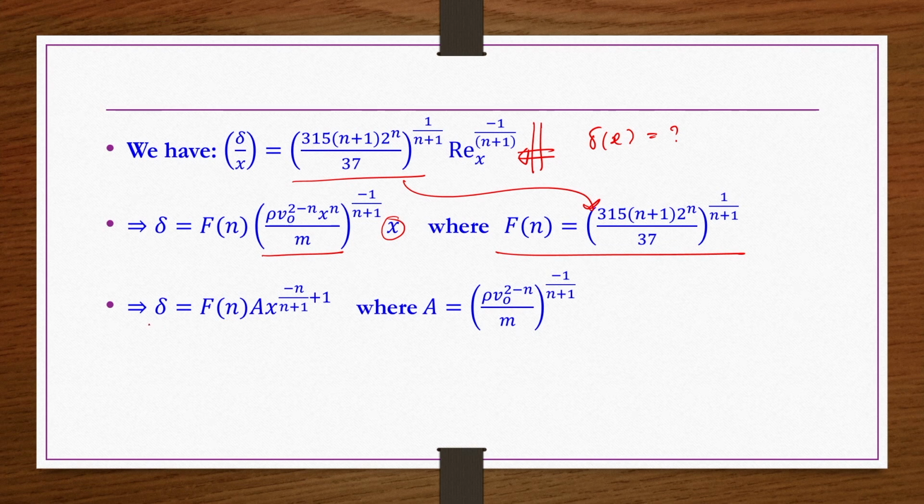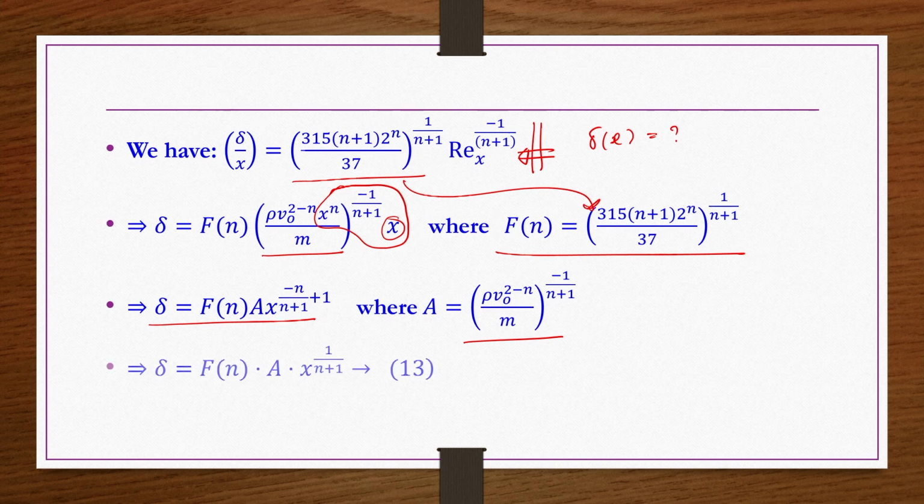So, now delta, in a simple way, I am writing as A Fn, where A collects the terms other than the x power. A is nothing but rho v naught power 2 minus n by m whole power minus 1 by n plus 1. The remaining term is x power 1 by n plus 1.